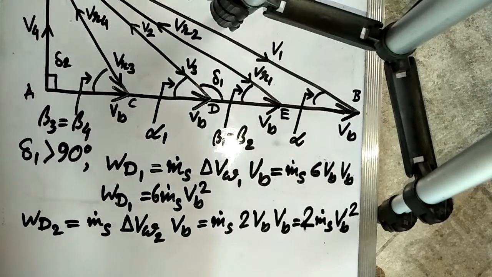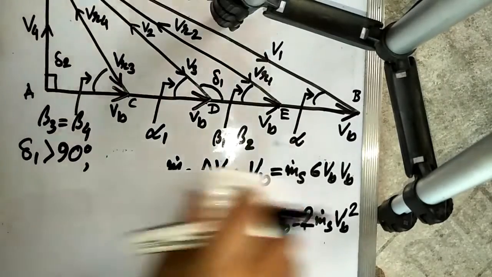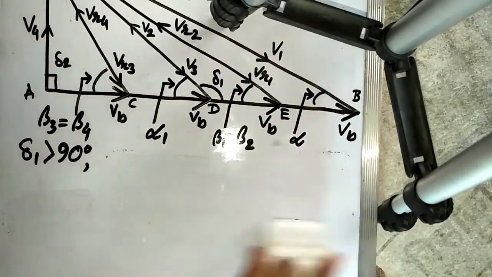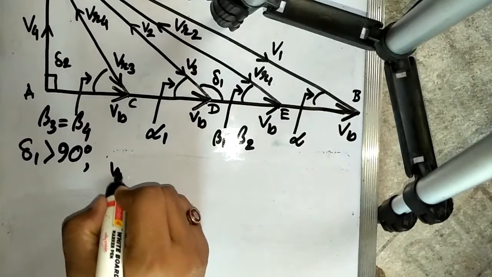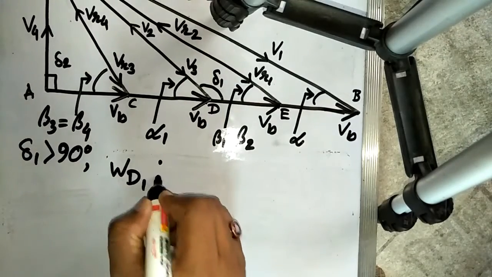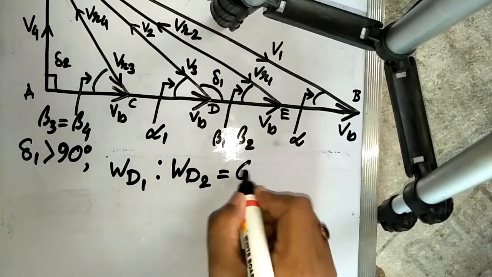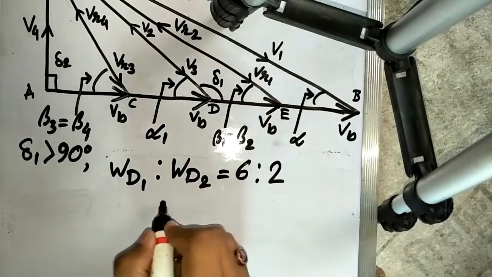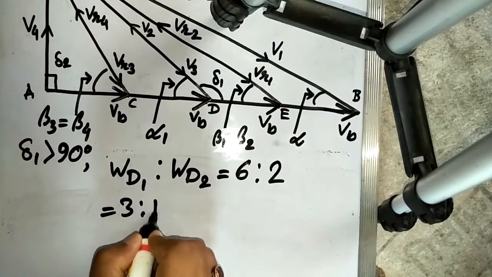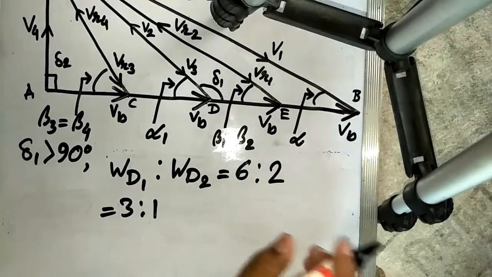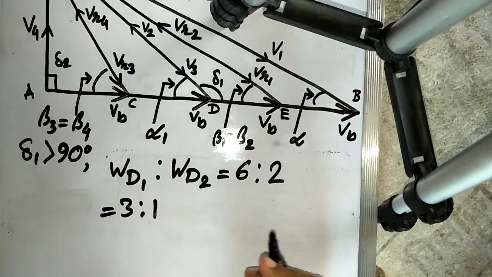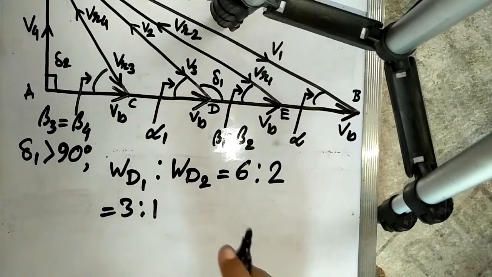So the ratio of the two diagram works, W_D1 is to W_D2, is equal to 6 is to 2, or 3 is to 1. This is the ratio of diagram work for a 2 row Curtis stage.